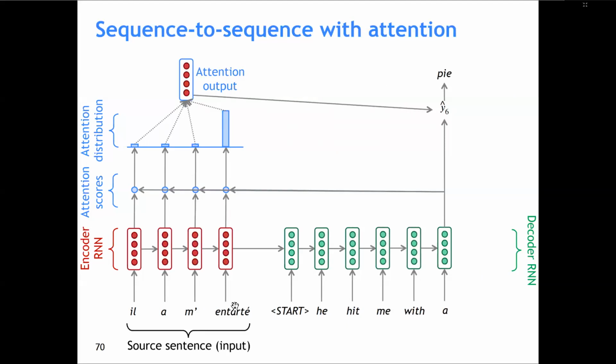Question: This is for a short sentence, or can it work for a long sentence? Yeah, you can do it, but the calculation is very heavy. Of course, you can imagine that the longer the sentence, the more computation is needed.